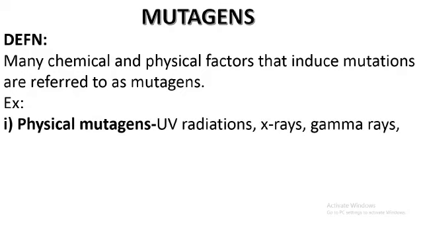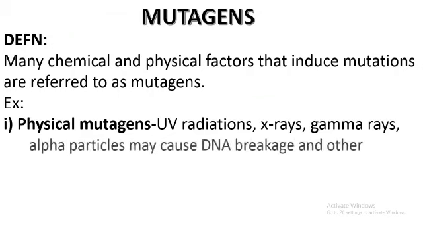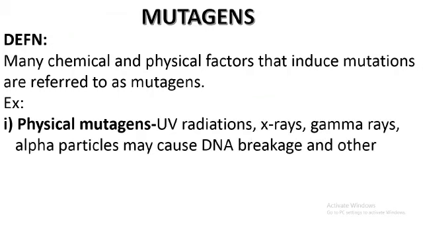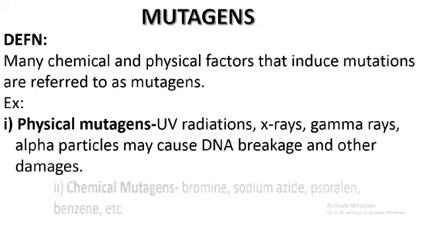Physical mutagens, what are they? For example, ionizing radiations like UV radiation, X-rays, gamma rays, alpha particles are known to act as physical mutagens because they cause DNA breakage and other damage in a gene. So therefore they induce mutation. Hence UV radiation, X-rays, gamma rays, etc. are called physical mutagens.